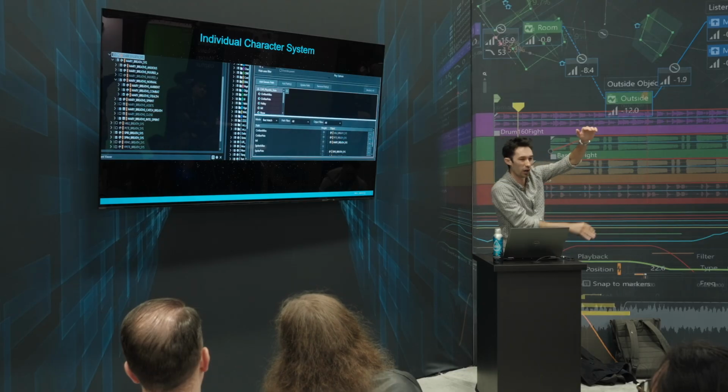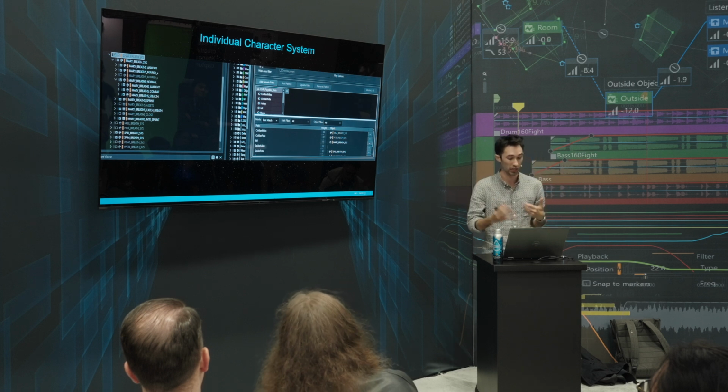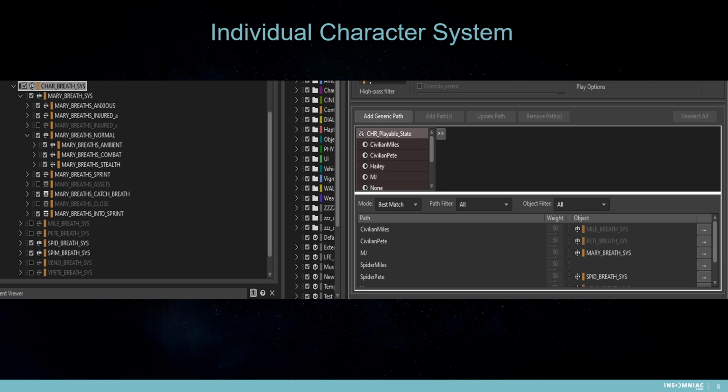Each breathing system was a switch container and another Russian doll set that had all these containers within it and all these rules and transitions, etc. So the first thing that we did was take all of the states. The character playable state basically said, when your character is present in the game and you're playing as that character, the state's going to say, this is the character you're playing as. We now attach that character state to our music switch container for that character. And now everything's in parity and everything's in sync.